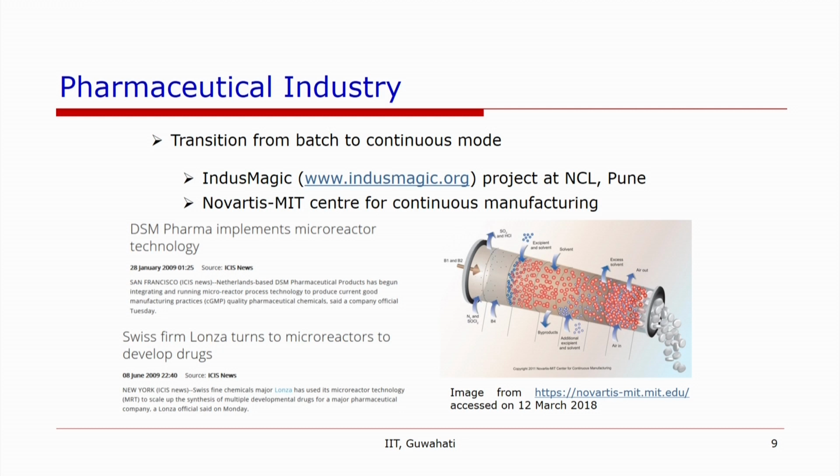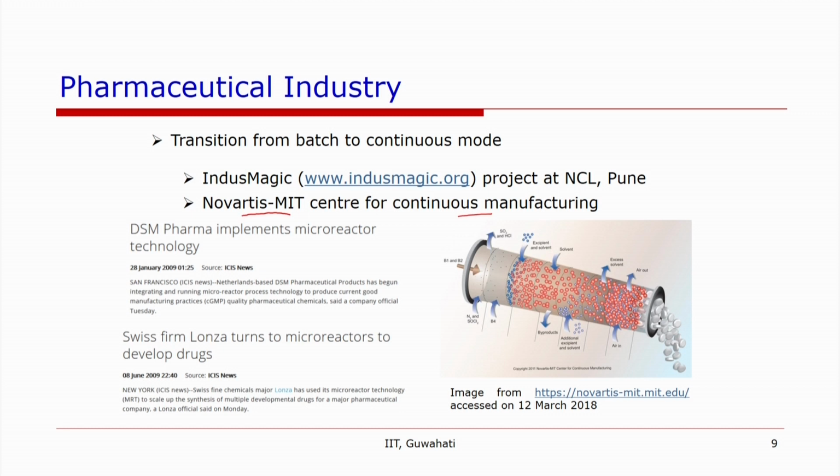For example, about 15 or 20 years ago, there was a Novartis and MIT Center for Continuous Manufacturing, where they looked at different research problems that are required to be addressed for continuous manufacturing of pharmaceutical products.